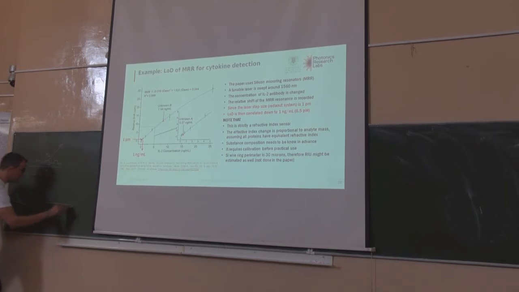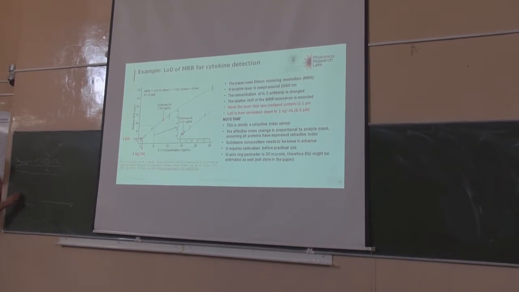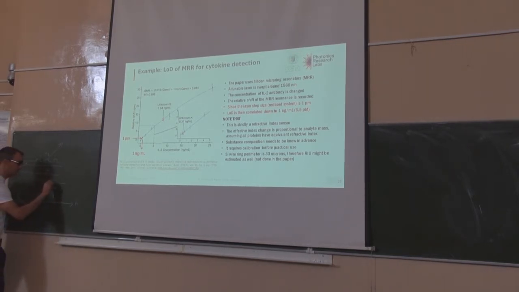So this is a ring resonator. Light goes inside here, it makes round trips, and it goes outside. And if you look at the spectrum response of this, it is like this. But if you change something on the ring, this moves.